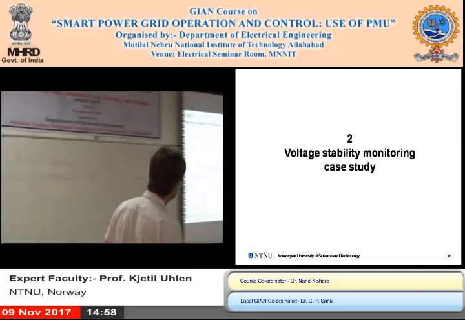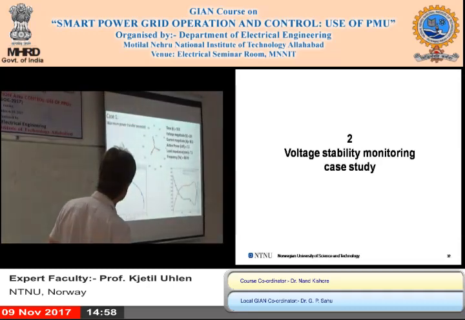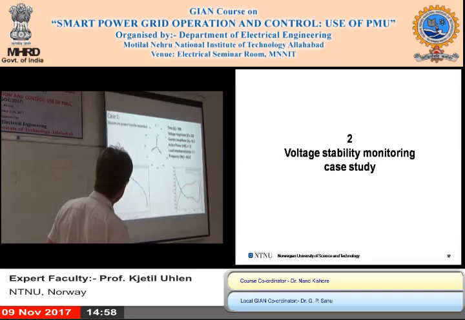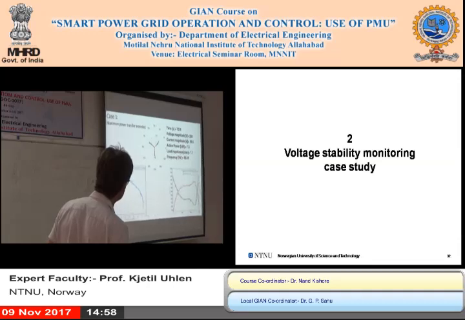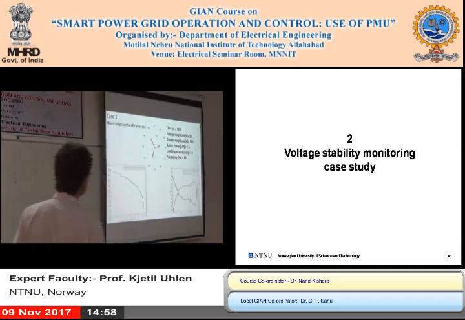What you see here is the voltage in blue and the current in red. You see that the current vectors are increasing. Mainly it's ohmic loads, right? Current is in phase with the voltage, so it's a resistance.